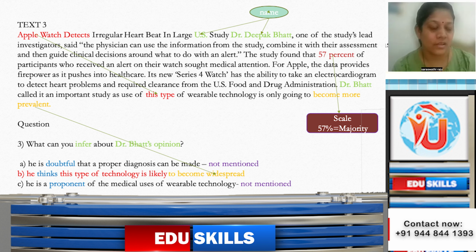But if we correlate the meaning of the sentence with this option, and as you said, the "thinks" type is also mentioned in the description, and "likely" is a synonymous word, and widespread instead of prevalent, for prevalent the synonym is widespread. If we correlate like this, we can find the meaning, but during the examination we can't go like this, we don't have much time.